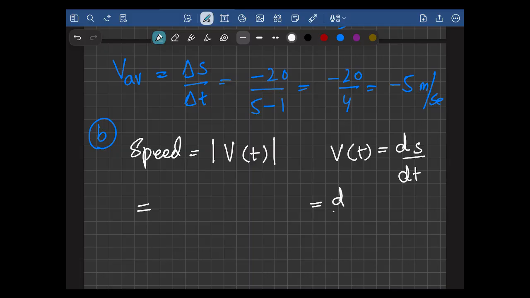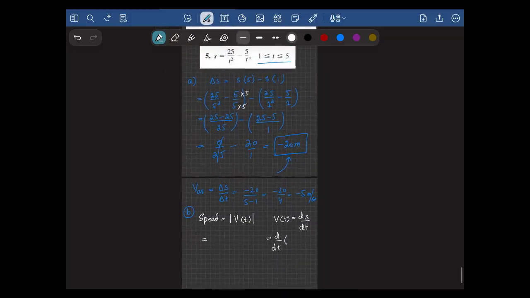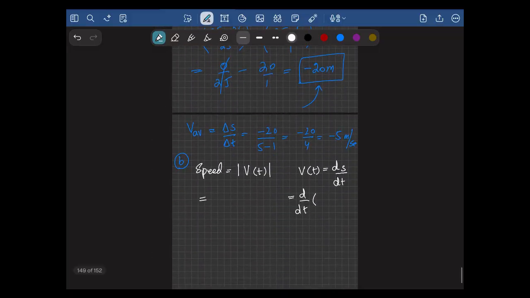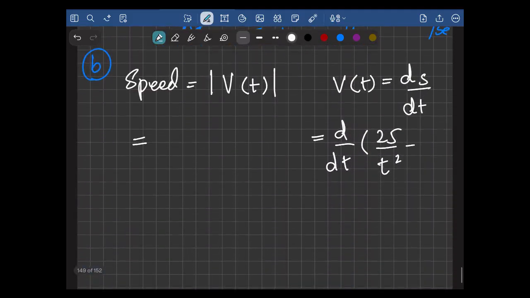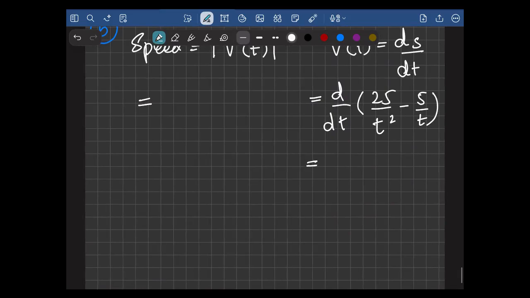So d over dt of s, where s is 25 over t square minus 5 over t. We need to shift the denominators to the numerator position to make it more comfortable doing the derivation. So it's 25 t raised to power minus 2 minus 5 t raised to power minus 1.